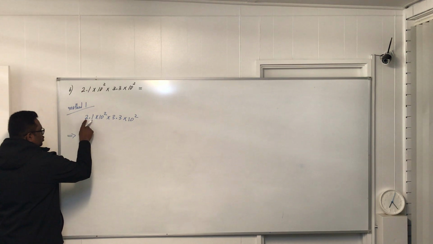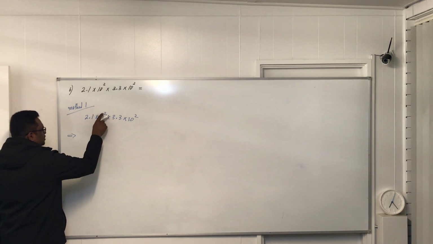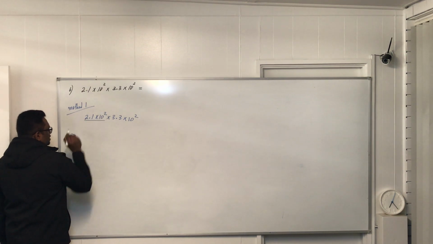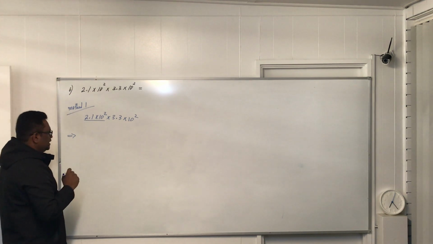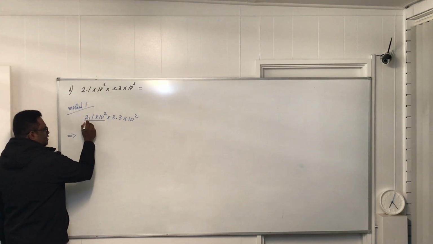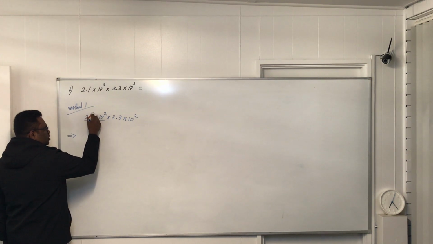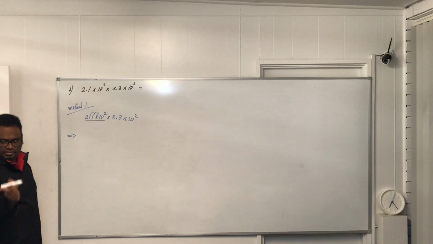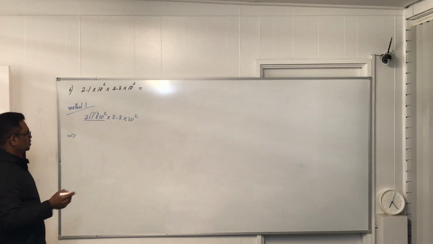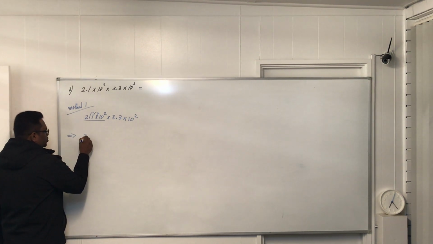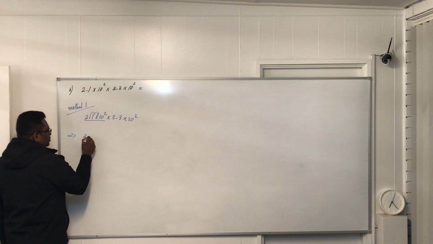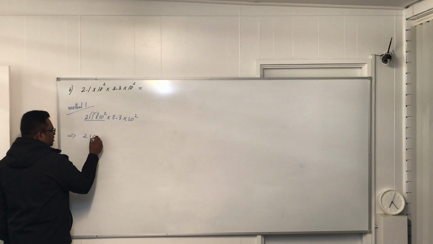First of all, I can see 2.1 times 10 to the power 2, so I get this. I'm going to use my previous knowledge to understand that if you have 10 to the power 2, this decimal point is going to move to the right. So 2, 1, 0 and then dot.